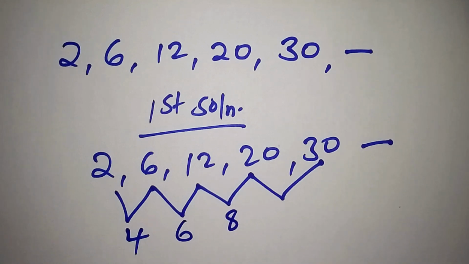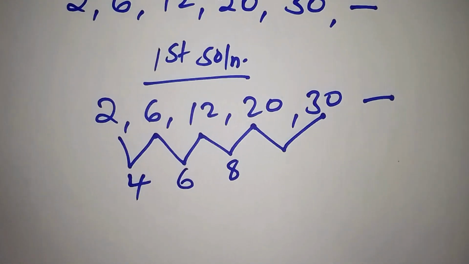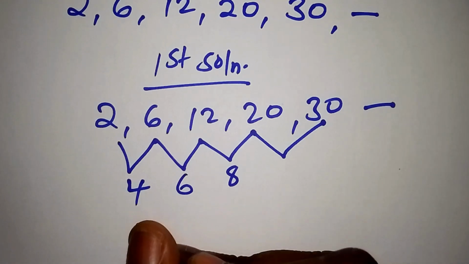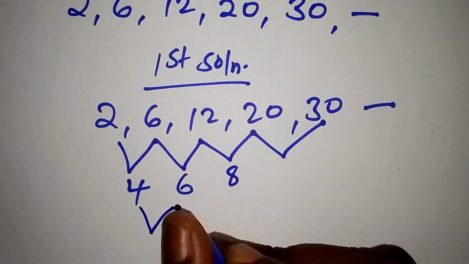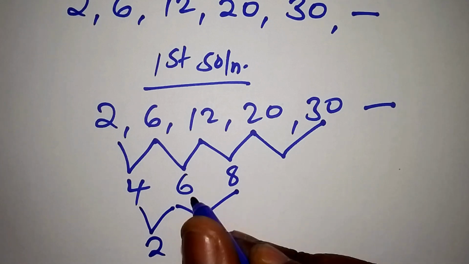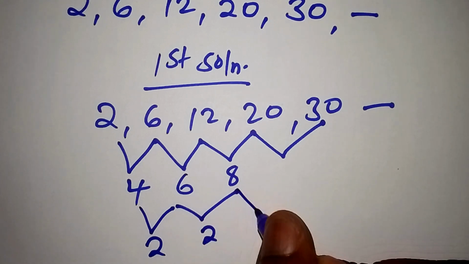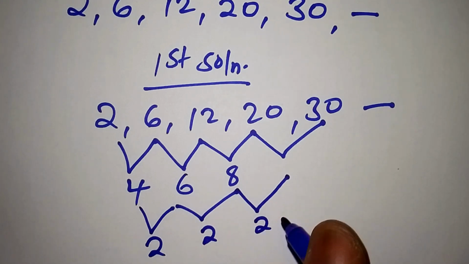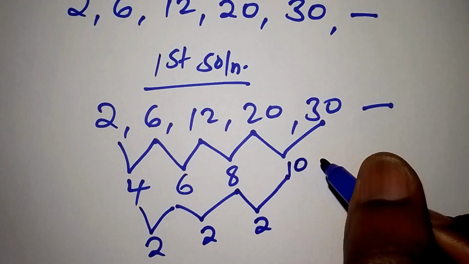As we check this trend, we realize that it is adding up with a certain number. So 4 plus 2 is 6, 6 plus 2 is 8, meaning that 8 plus 2, we shall have 10.